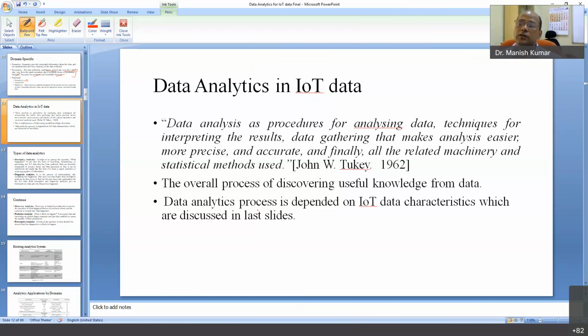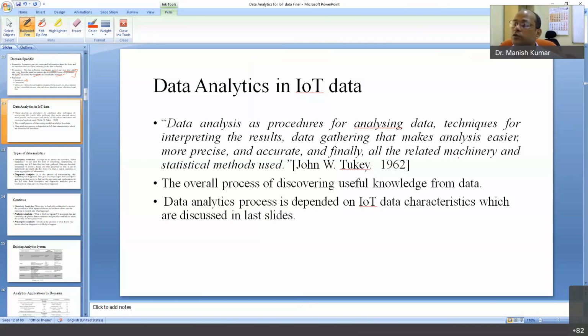So it says data analysis is the procedures of analyzing data, techniques for interpreting the results, data gathering that makes analysis easier or more precise or more accurate, and finally all the related machinery and statistical methods used.